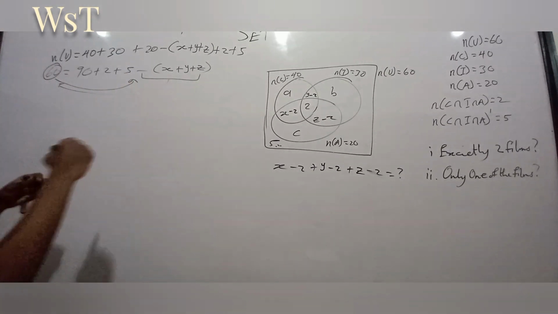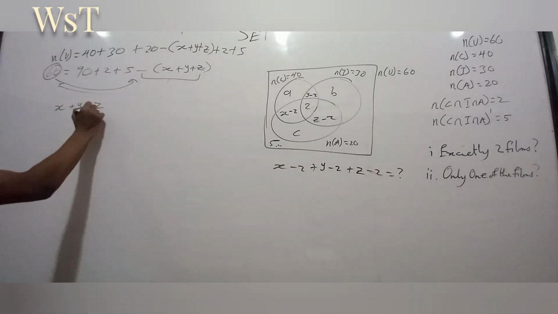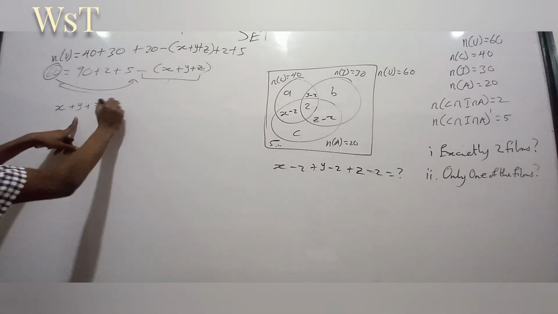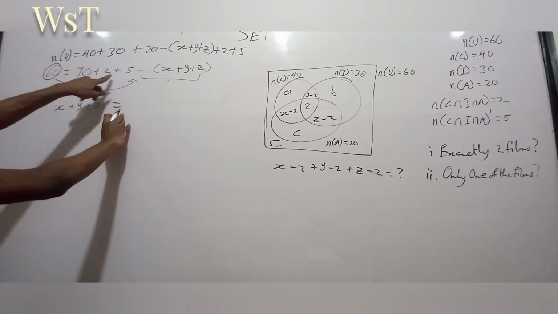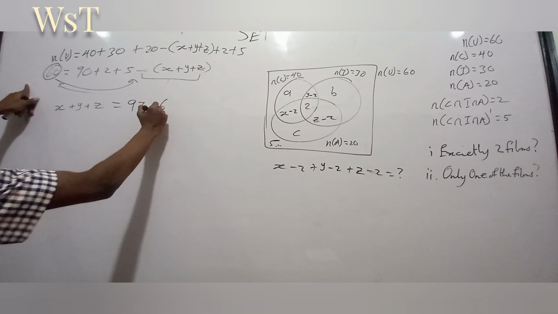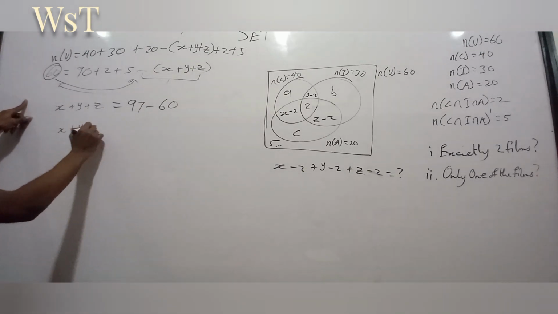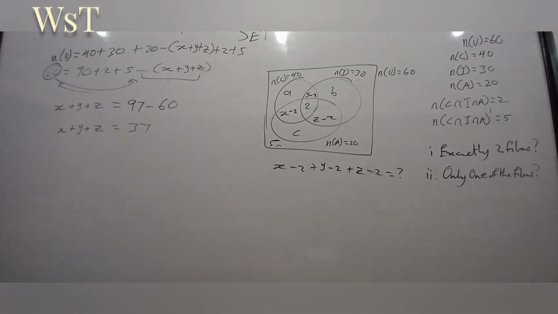So this one becomes x plus y plus z. Negative crossing will become positive, being equal to 90 plus 2, 92 plus 5, 97 minus 60. Good. So we get x plus y plus z to be 37. So this is 2 subjects.